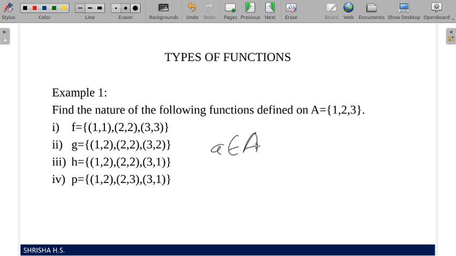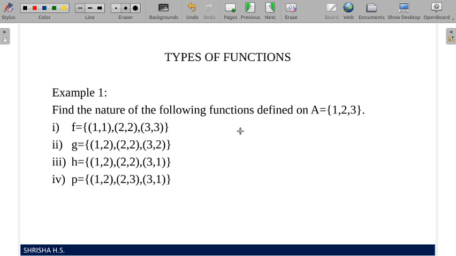For every element a which belongs to set A, f(a) = a. Therefore the given function is an identity function on A. Okay, so you can write like this.